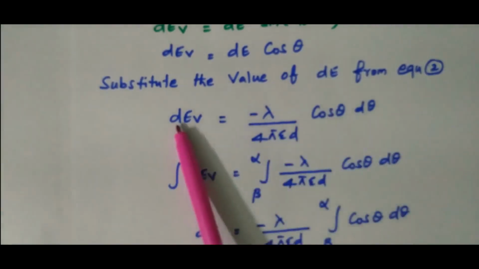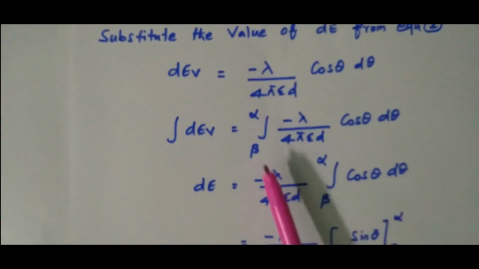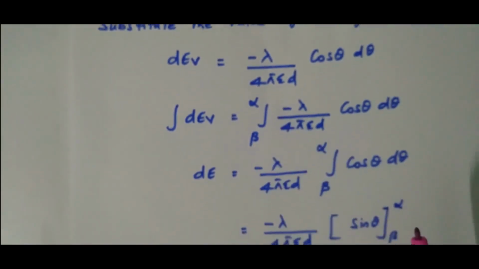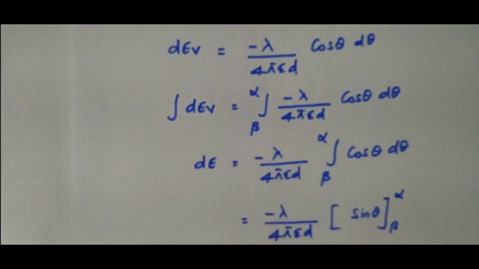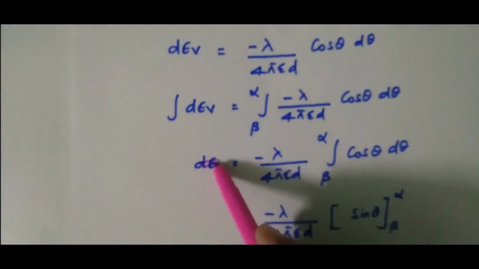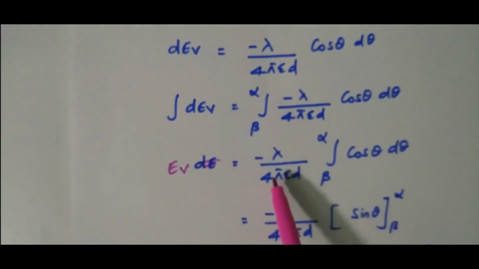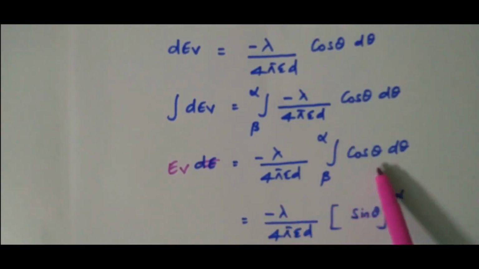This is for the small value. By integrating on both sides, we will get the total vertical component. We already discussed the limit will be beta to alpha. So integral of dEV is EV, the vertical component, equal to minus lambda divided by 4 pi epsilon d, integral from beta to alpha of cos theta d theta.